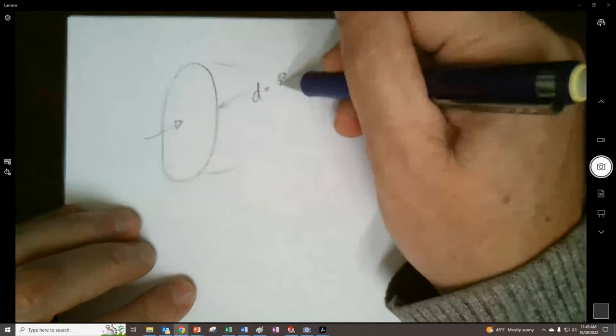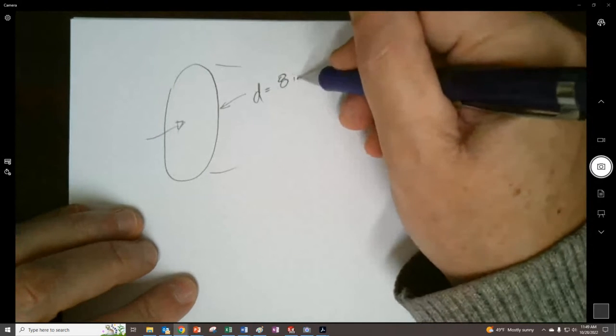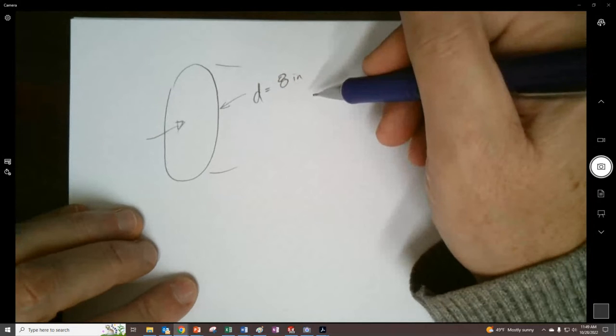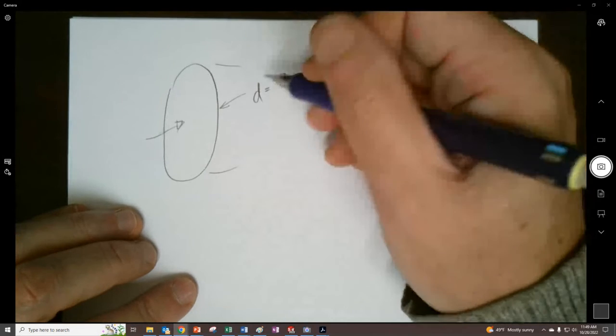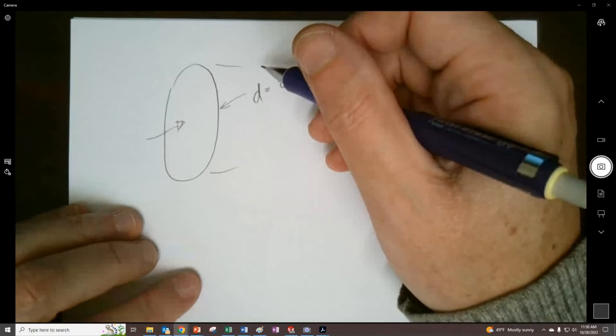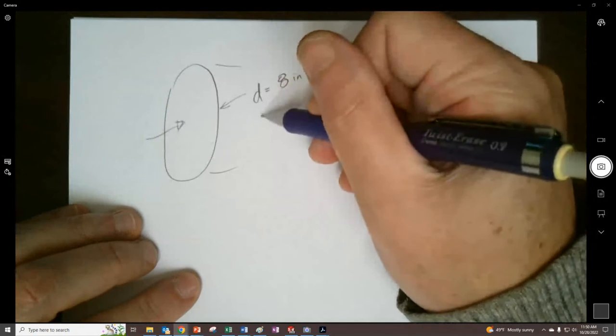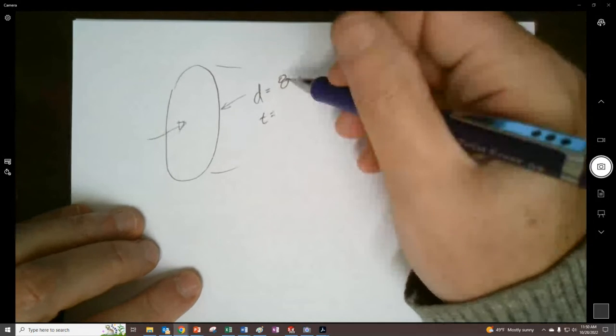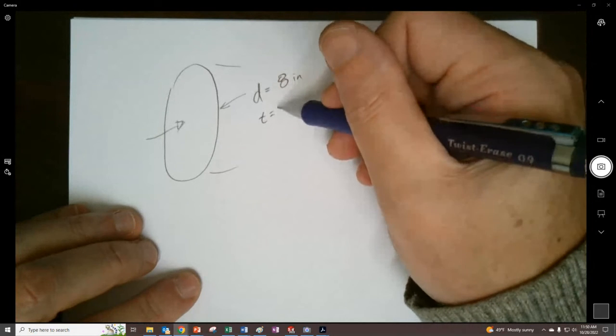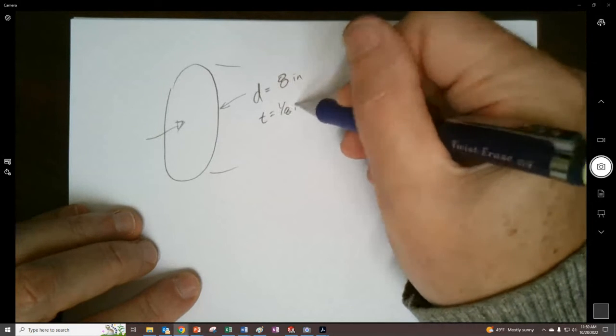Let's go with an 8-inch diameter. And what do you think the wall thickness is? 1/8 of an inch, maybe? I think so. Certainly isn't 1/4 inch, but let's try 1/8 of an inch.